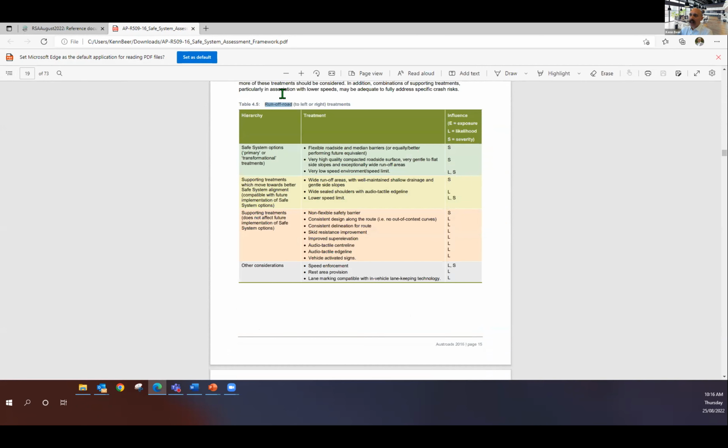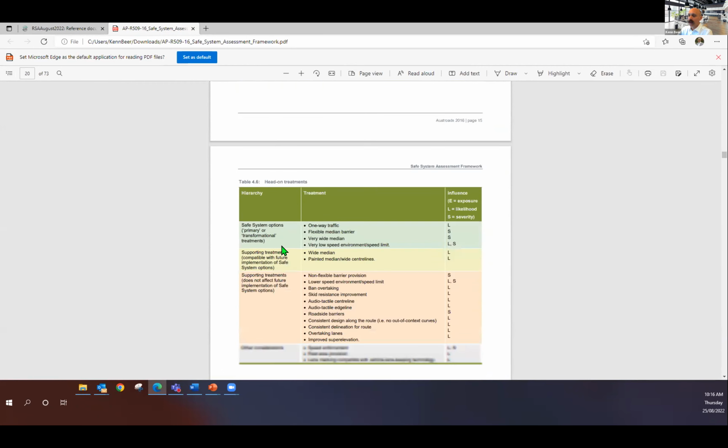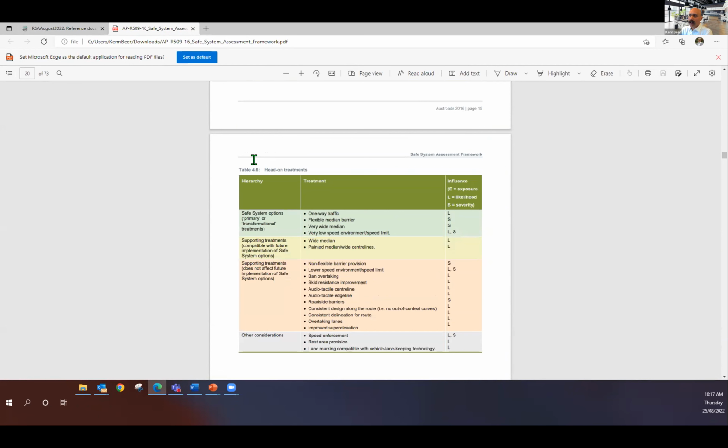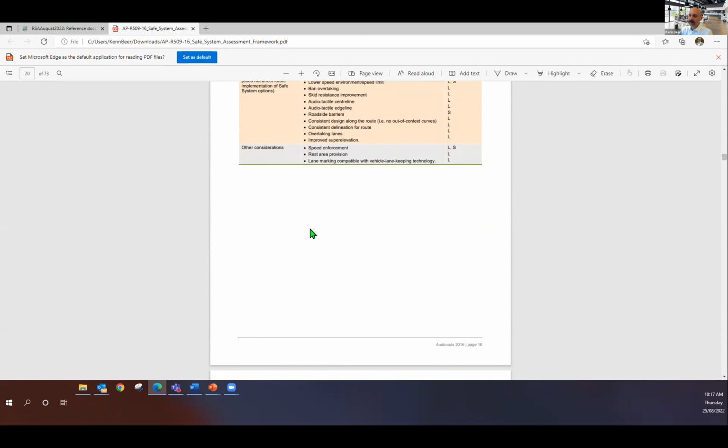That say a crash type, run-off road crash, okay? And then list primary treatments, flexible roadside and median barriers. They also list supporting treatments. And there's two sort of categories of supporting. Don't worry about that. Just go with supporting being the yellow and the orangey pink there. And then you can see there's another table now for head-on crashes.